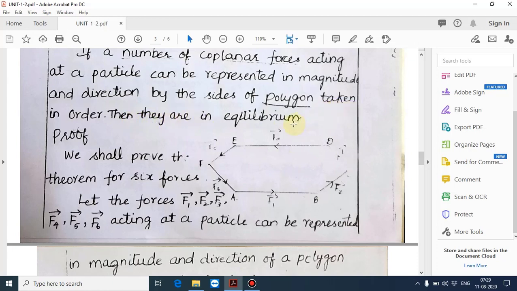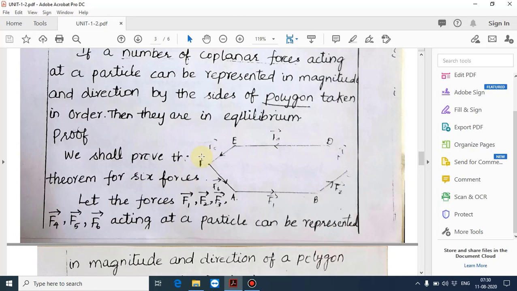If you are taking a number of forces, not only 1, 2, 3, but many forces acting on a particle, represented in magnitude and direction by the sides of a polygon taken in order, they should be in equilibrium.